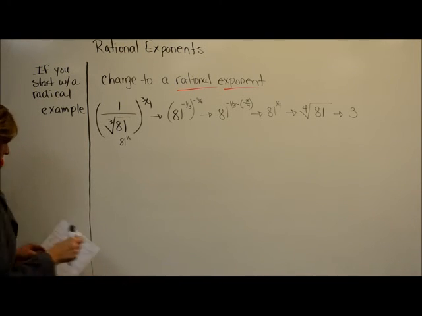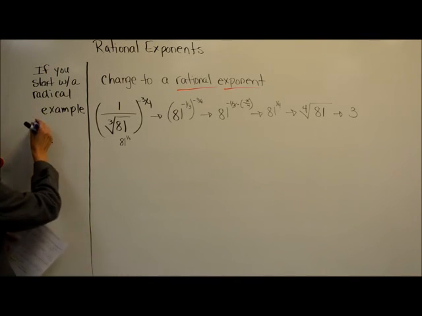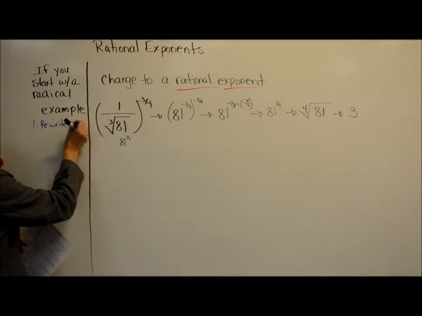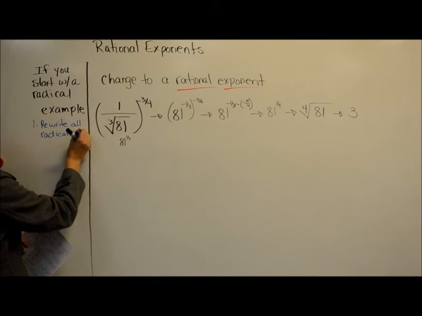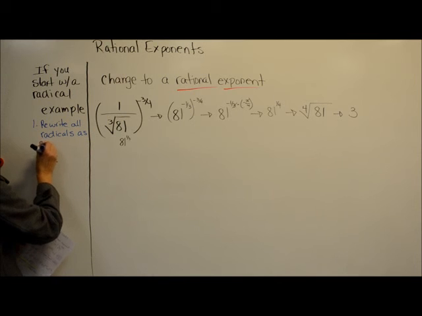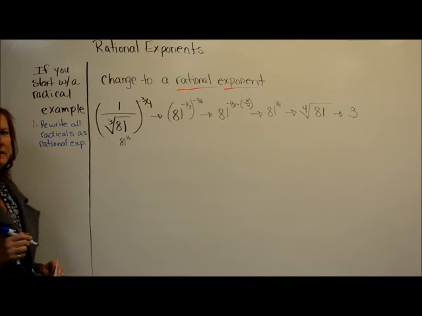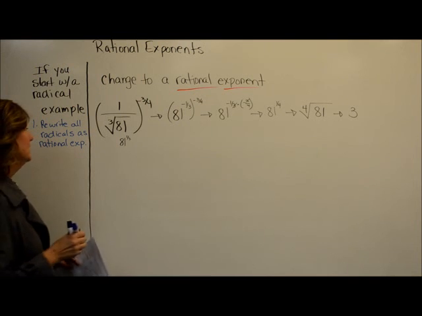Okay, so what I'm doing here is, number 1, rewrite all radicals as rational exponents. Okay, and you might have to use negatives because you want them all into the numerator there.